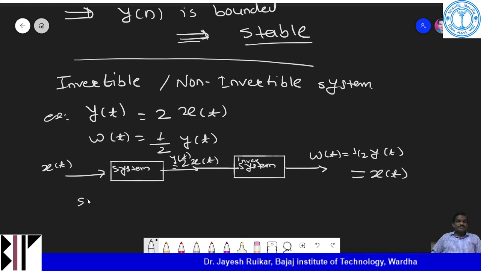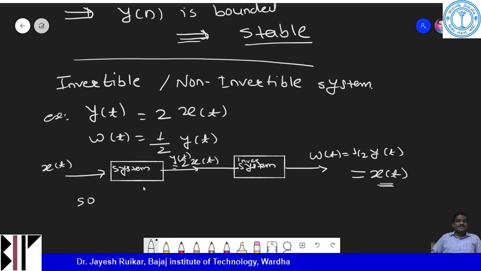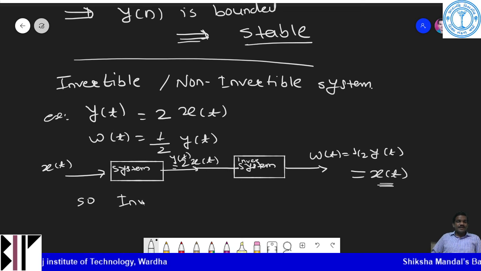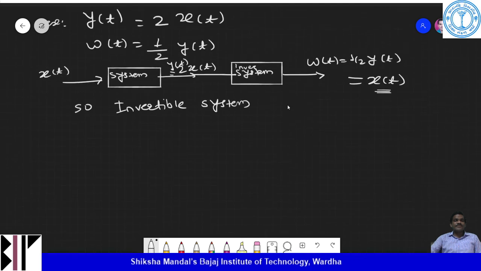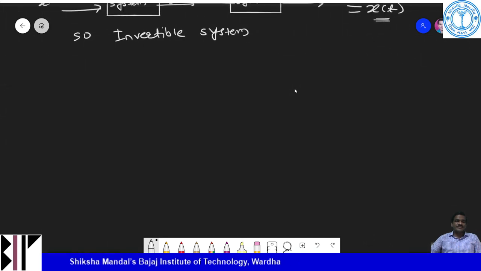So we have obtained the original signal. So we are calling this system an invertible system. So you have to think about its inverse. Let us take another example.